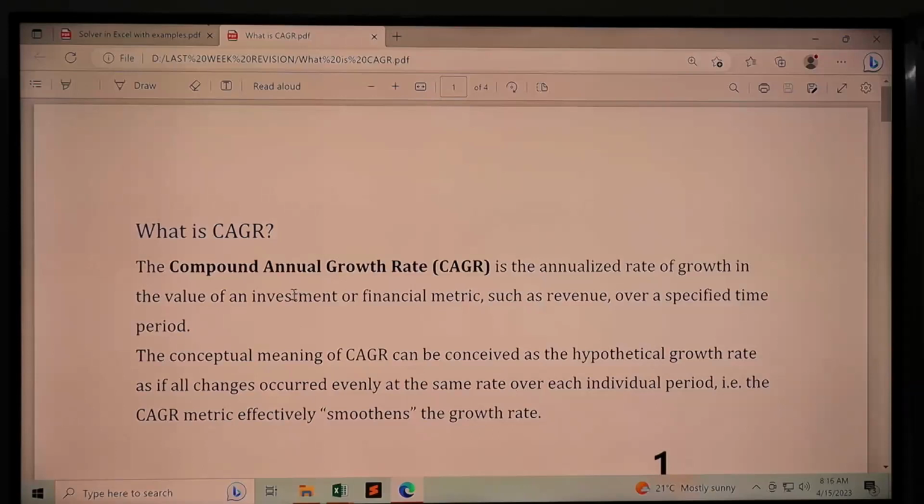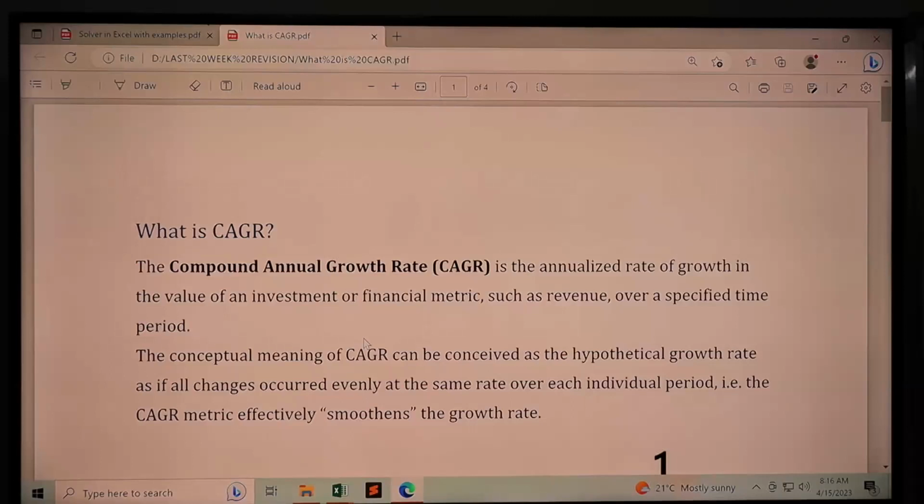When you are running this, you're supposed to have a small exercise that you're going to use. Then you compute the compound annual growth rate. So I'm going to share these worksheets. Then it's just a small worksheet. Then we compute very fast and then proceed to our next discussion.